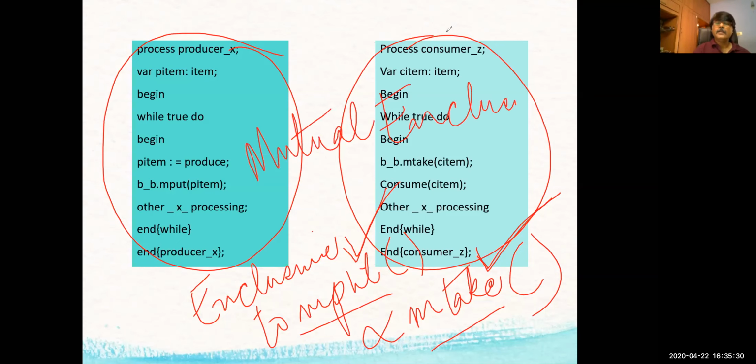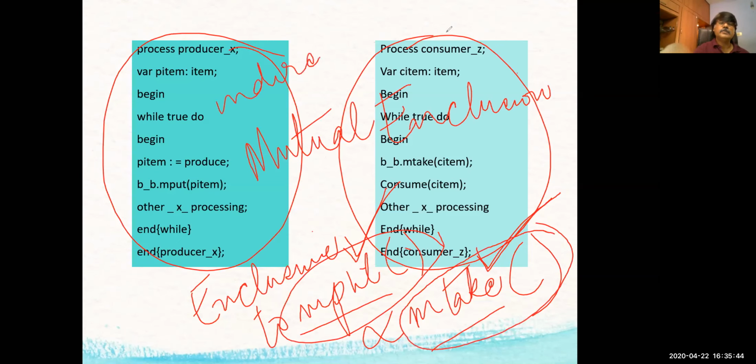By using input and mtech, the producer cannot access the data directly, it is indirect. And the consumer cannot access the buffer directly, it is indirect. So mutual exclusion is supported, and indirect access to the buffer is also supported.